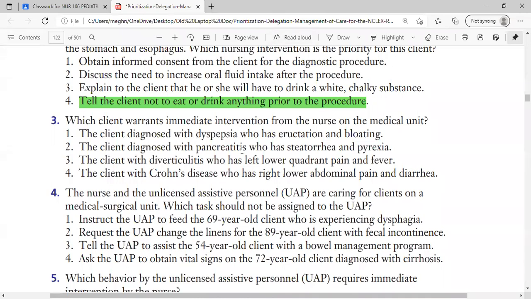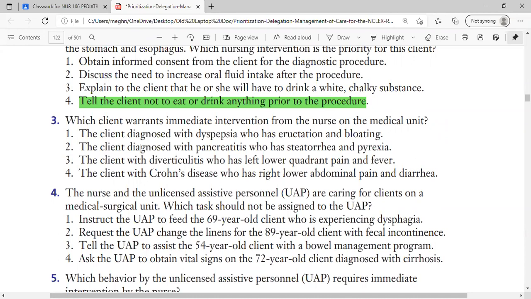So therefore, the client does not need immediate intervention, because we know that a dyspepsia patient should have bloating. We expect it.